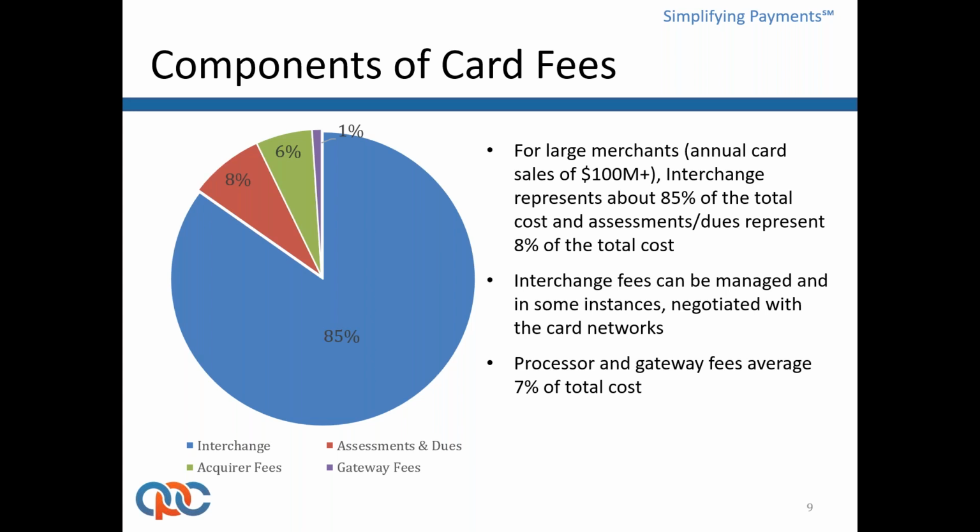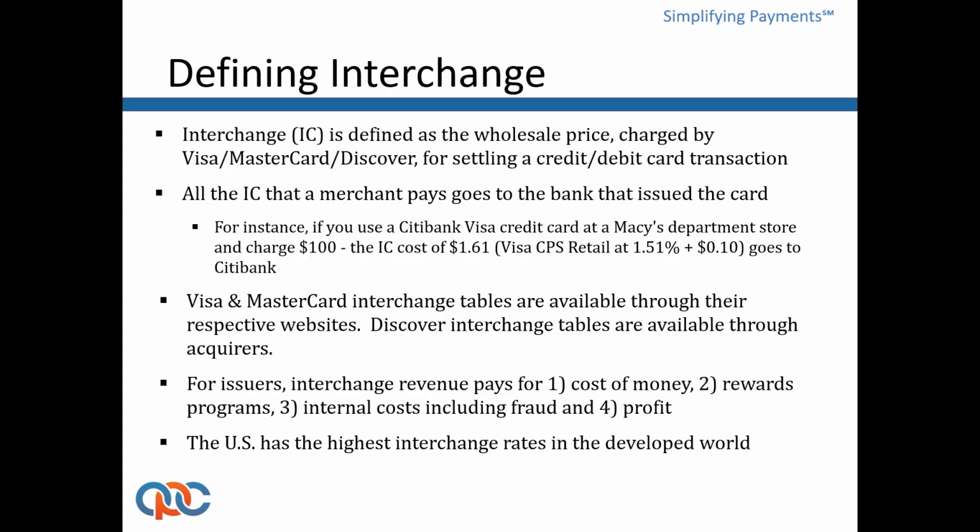Sometimes gateway services can be provided by a payment processor. So those are the four major components of card processing fees. I'm going to highlight the first three, the three fees that make up 99% of your costs. So first, let's talk about what interchange is and why it costs so much. Next slide.